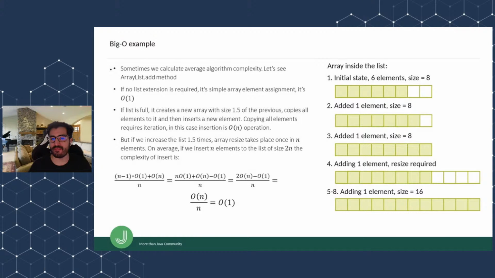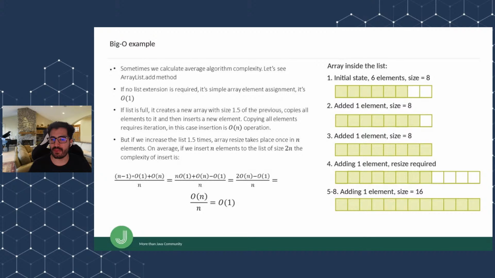Now, what happens when the list gets full? Well, basically, Java has its own implementation of this. When it gets full, it takes the list that is full and creates a new one. Instead of using the same size as the previous one, it takes the previous size and adds 1.5 times the previous size to the new one.